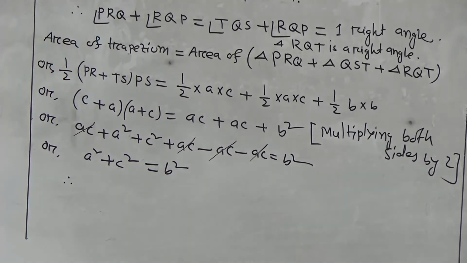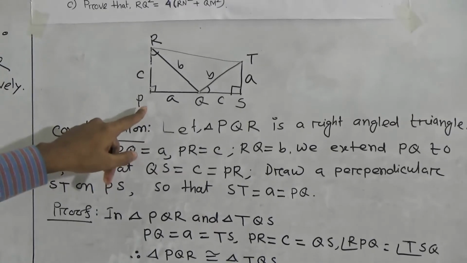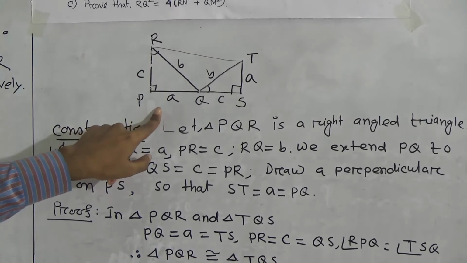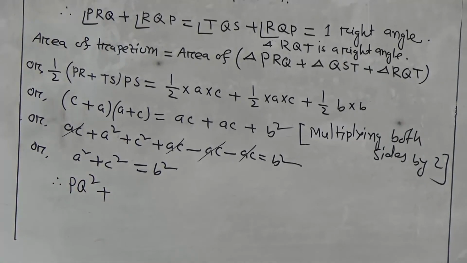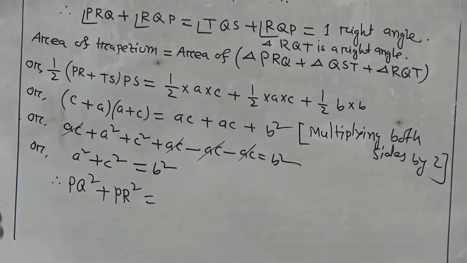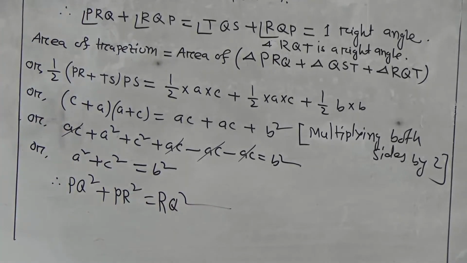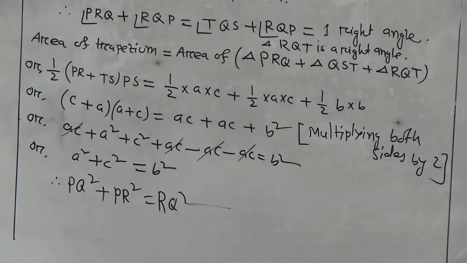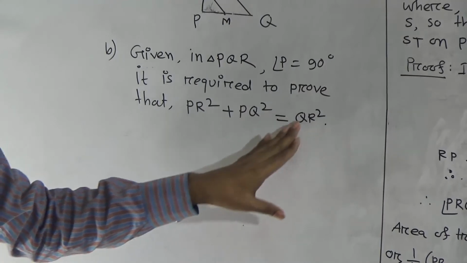Okay. Now you see, A square means what? A means PQ, right here. PQ square. C means PR. And B means RQ square. Now you see, we have to prove that PR square plus PQ square equal to QR square.